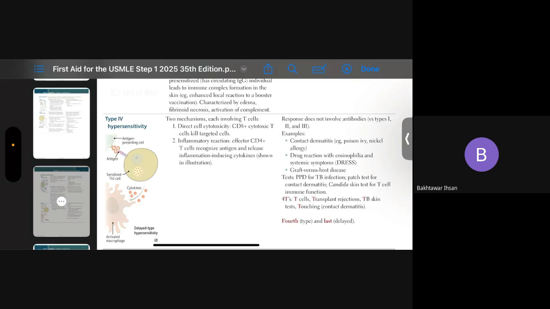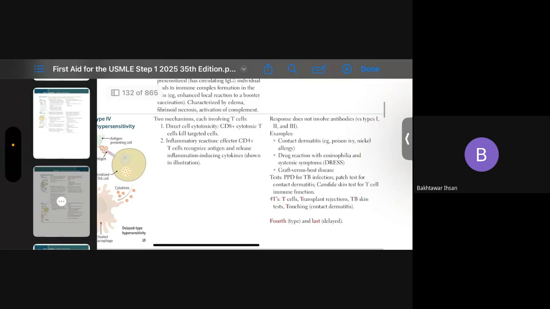We have the TH1 component of CD4, which can recruit macrophages to the site. So we have direct CD8 positive destruction, or destruction by those macrophages, with cytokines attracting macrophages. Is it clear? The response does not involve antibodies. It's purely by the T cells, either cytotoxic T cells or the helper T cells recruiting your macrophages.